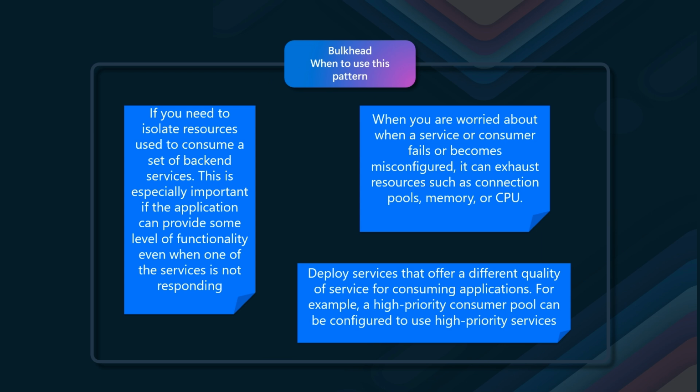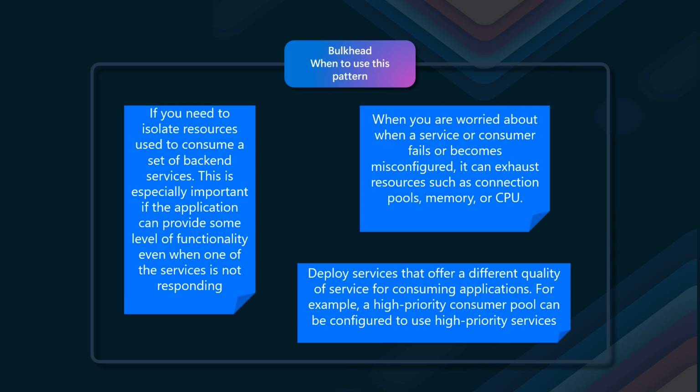So the bulkhead pattern is particularly useful in the following scenarios. Isolating resources for backend services. Use the bulkhead pattern to isolate resources used to consume a set of backend services. This is especially important if the application can provide some level of functionality even when one of the services is not responding.